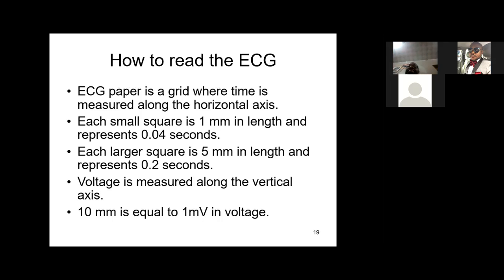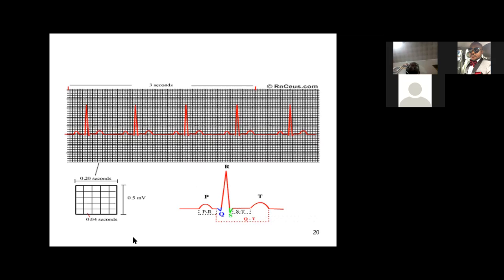Now, the ECG paper is a grid where time is measured along the horizontal axis, with each small square being 1 millimeter in length and representing 0.04 seconds. Each large square is 5 millimeters in length and represents 0.2 seconds. Voltage is measured along the vertical axis. 10 millimeters is equal to 1 millivolt in voltage. And that's a typical ECG square.